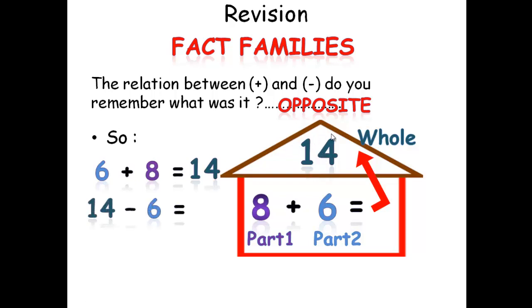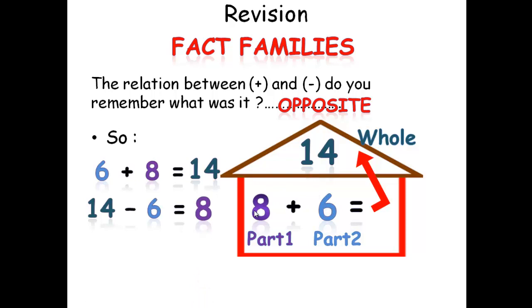So 14 minus 6. I took the 14 and I took part 2, which is 6. Now the equal is going to be what? Let's play the game. I took this number and this number, so it will give me the third number, which is part 1, number 8.